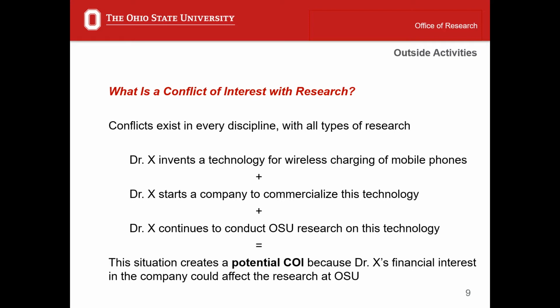And then the faculty member commercializes this technology through the university, licenses the IP out to a startup company, takes equity in the company, has a role with the company, and then the faculty member continues to do research at OSU on this technology. This is another situation that creates a conflict because the faculty member's financial interest as an equity holder in this startup could be perceived to affect the research that's going on at OSU on this technology.